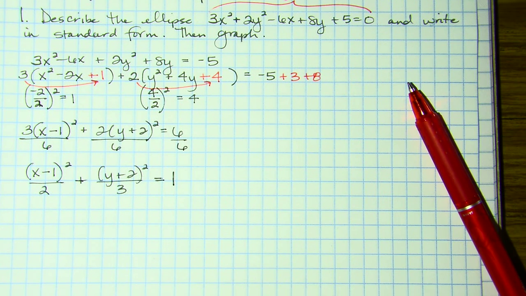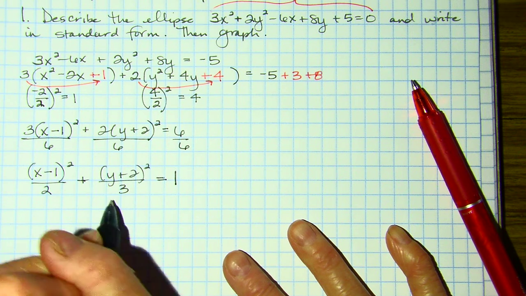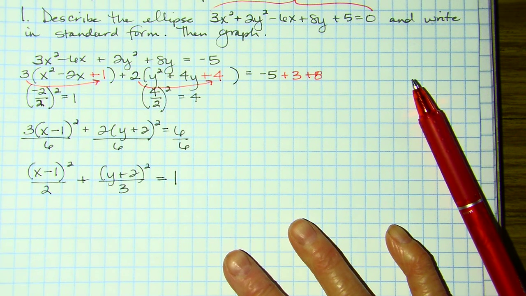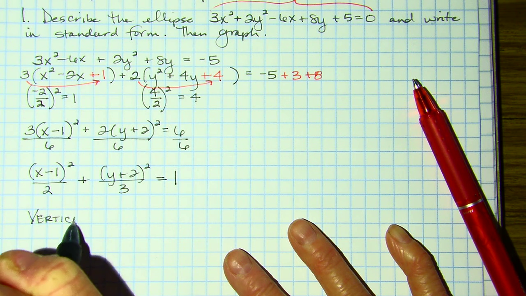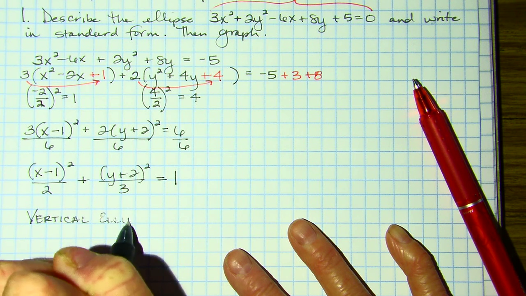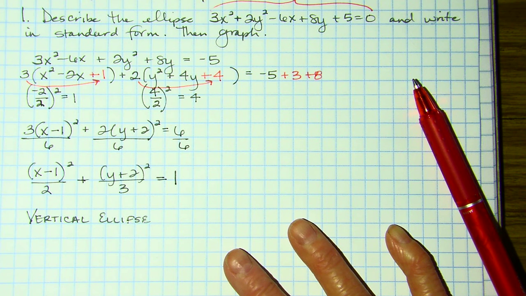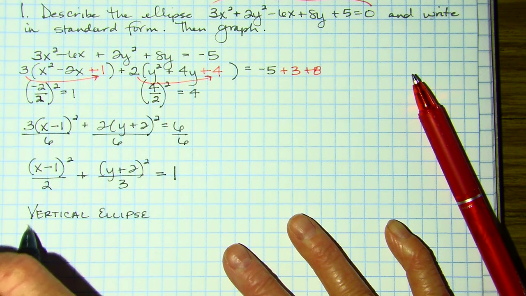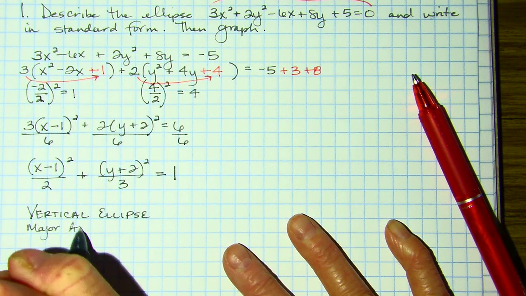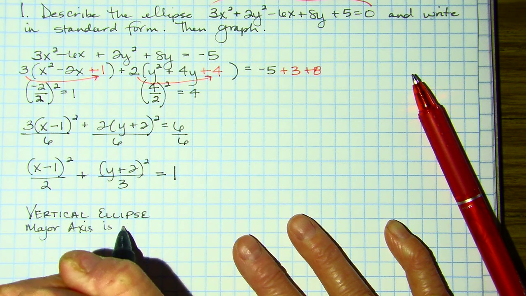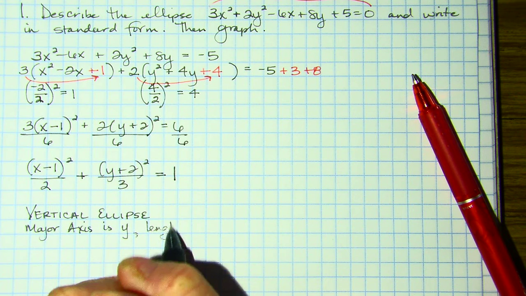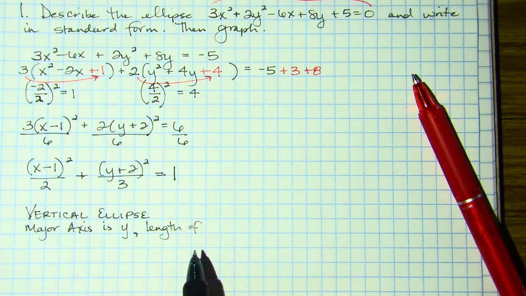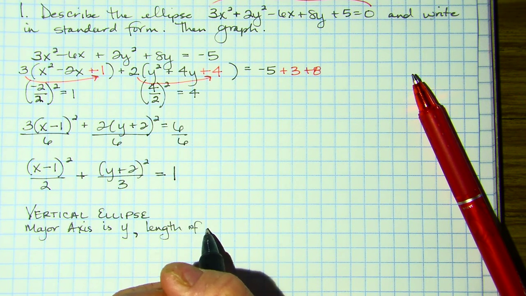All right, so now let's describe this graph. For one, because the larger number is underneath y, I know this is a vertical ellipse. Okay, that means that my major axis is y with a length of the square root of 3.